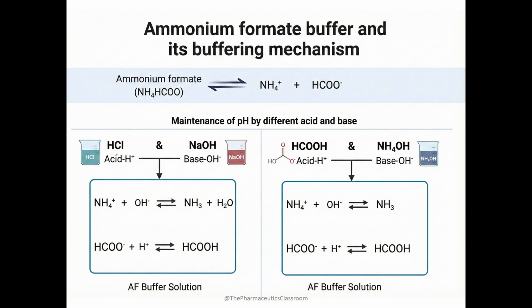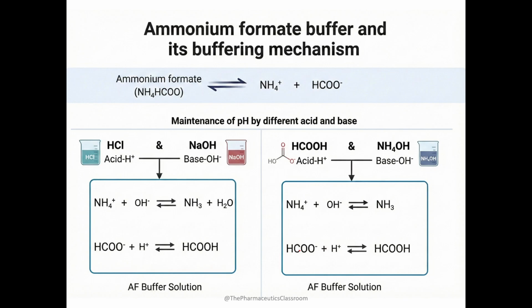So instead of HCl, we can use formic acid. What will happen if we use formic acid? Formic acid will dissociate and give formate ion and H plus ion. Because of this H plus ion, the pH will reduce, and because of this formate, your buffering capacity will increase.